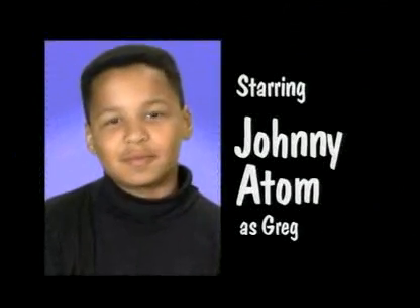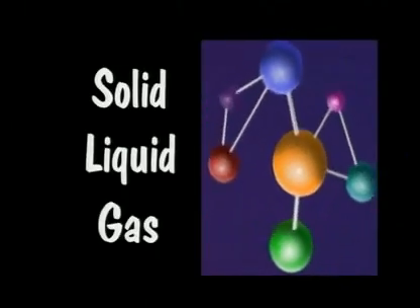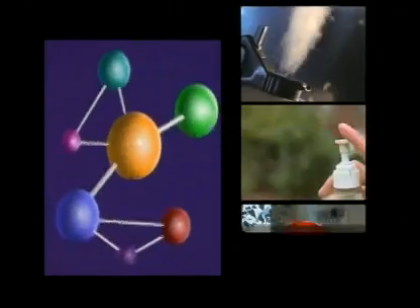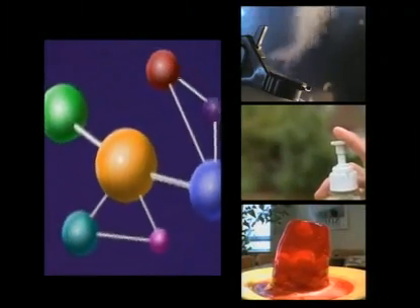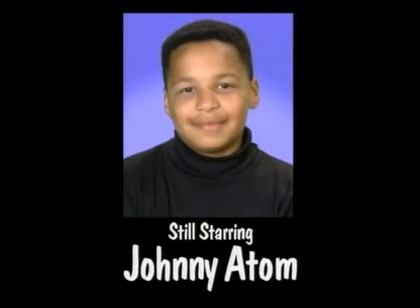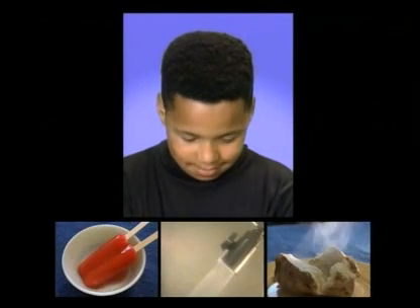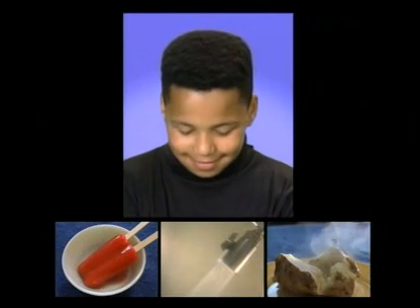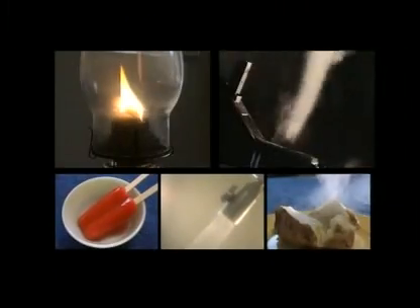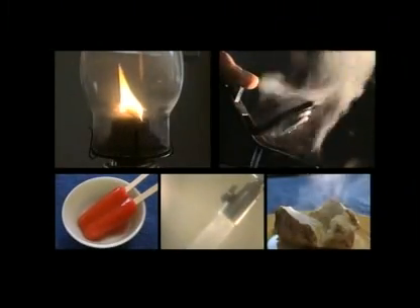Here's the story of Johnny Atom, who is everywhere and everything we know. He is solid, liquid, gas, every matter. That's how the phases go. Here's the story of the same guy, Johnny. He makes chemistry and science really fun. He is all things, he's all around us.